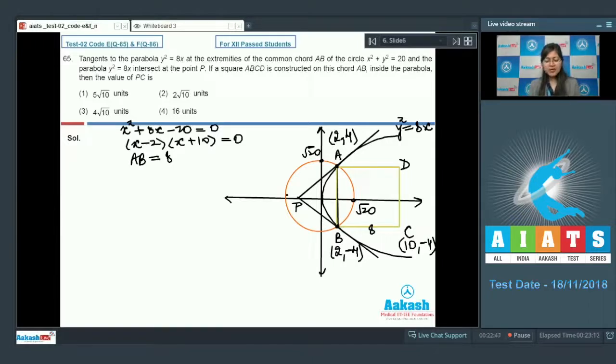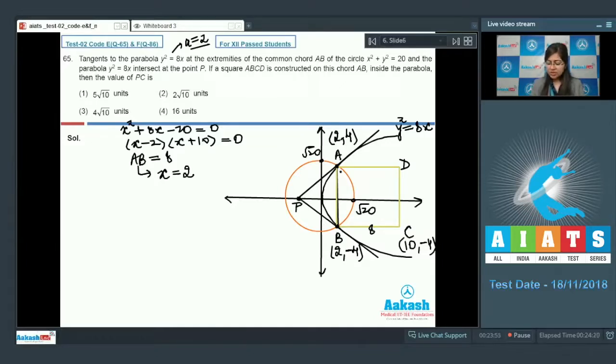Now to find the value of PC, we need to find the coordinates of P, right? Now we know that the equation of AB is x equal to 2. Also for the parabola y square equal to 8x, we know that the value of a is equal to 2. So the latus rectum is x equal to 2. That is, AB is the equation of latus rectum of the parabola y square equal to 8x, right?